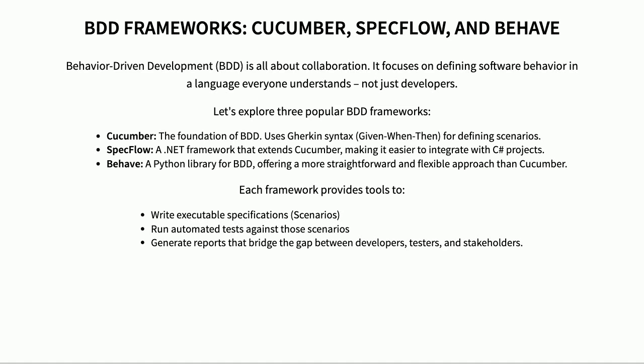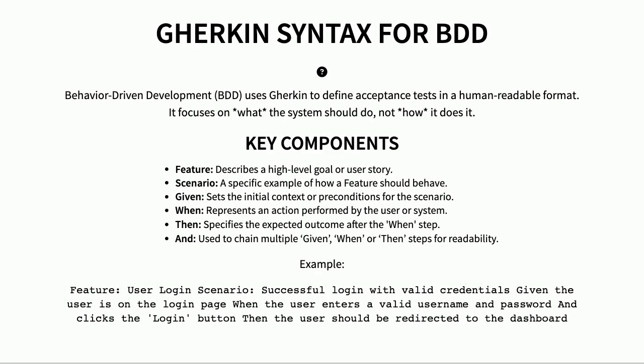SpecFlow makes this easier if you're working with C# code, while Behave offers a simpler approach specifically for Python projects. Essentially, these frameworks help us write tests that are really clear and understandable by everyone involved: developers, testers, product owners, anyone.